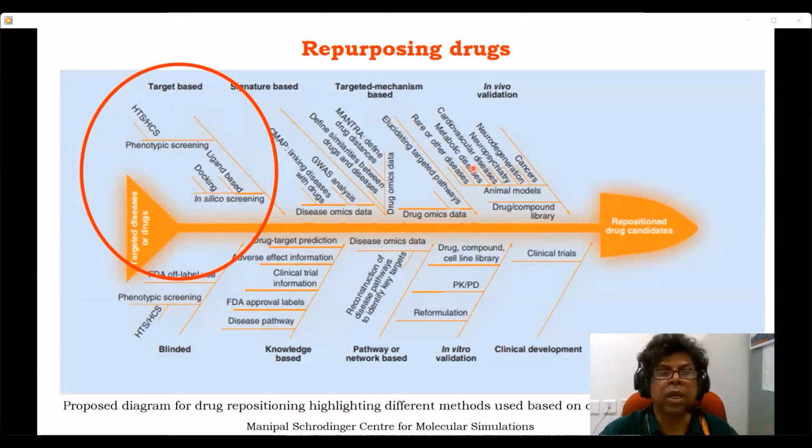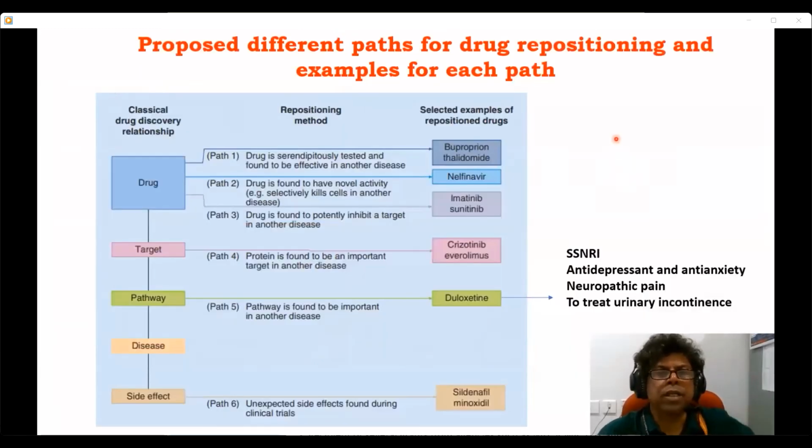I think a lot of drugs are out there. That's what we call off-label uses of these drugs. I think you all know there are many such drugs, for example, minoxidil or sildenafil citrate. So these are some examples of drug repurposing.